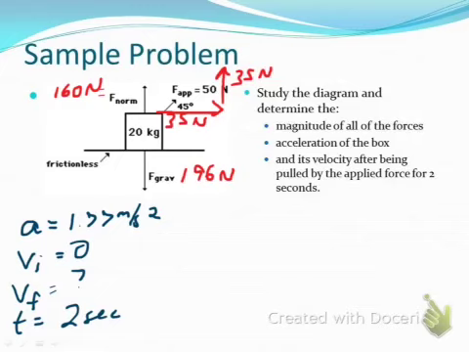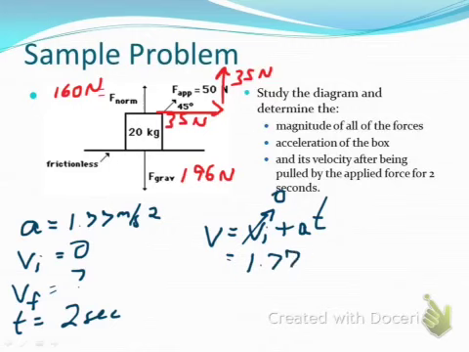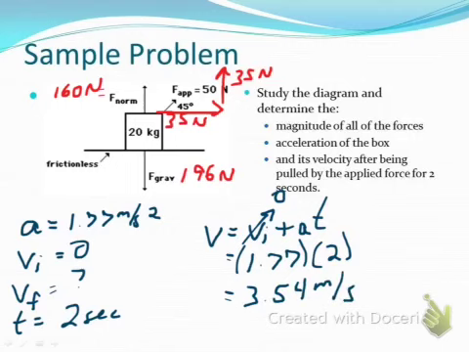Looking at those variables, we know we have an equation that says the velocity at any point in time is the initial velocity plus the acceleration times time. Initial velocity is 0, so to find that velocity after being pulled for 2 seconds, I'm simply taking my acceleration times how long it's being pulled. Okay, so I'm getting a value of 3.54 meters per second.